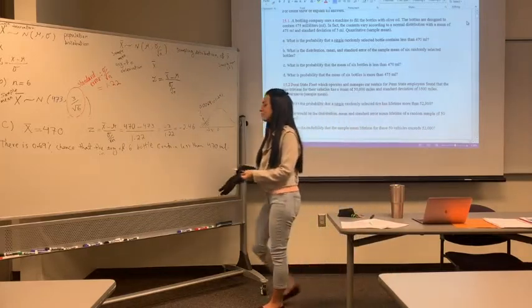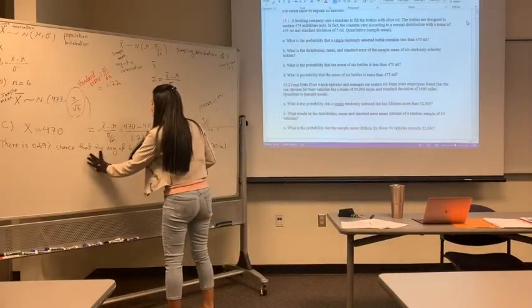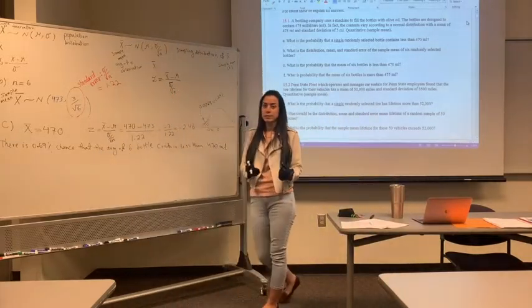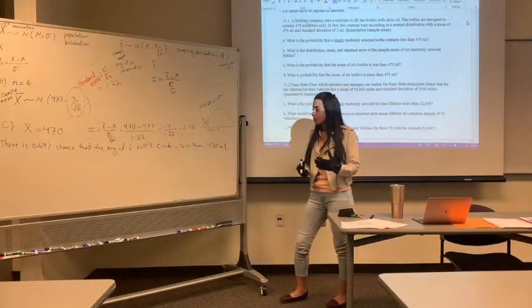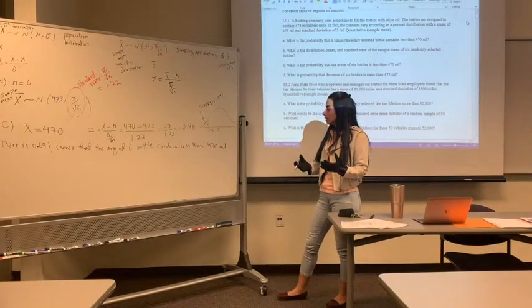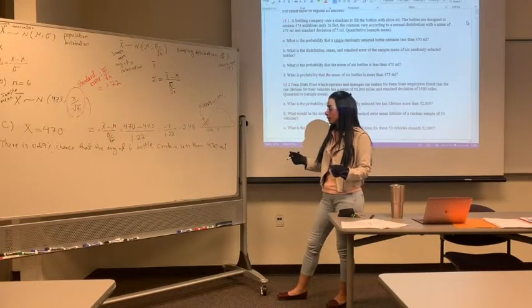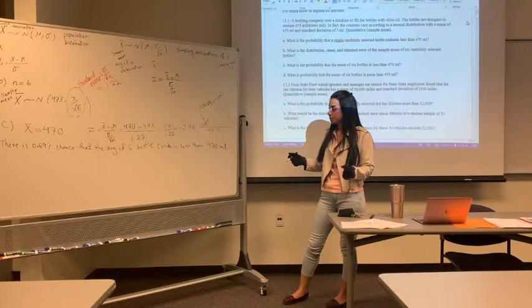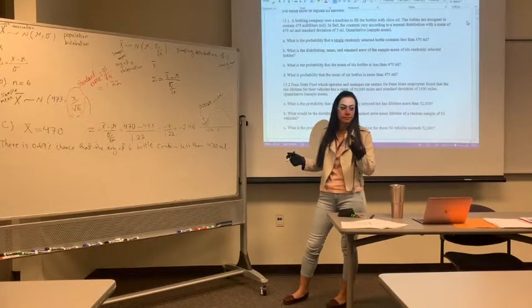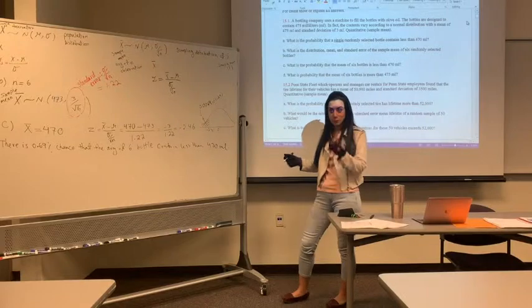Actually, yes, the average of 6 bottles is more correct. So if you have 6 bottles, on average they contain less than 470 milliliters. Do you have any questions? No? Sure?